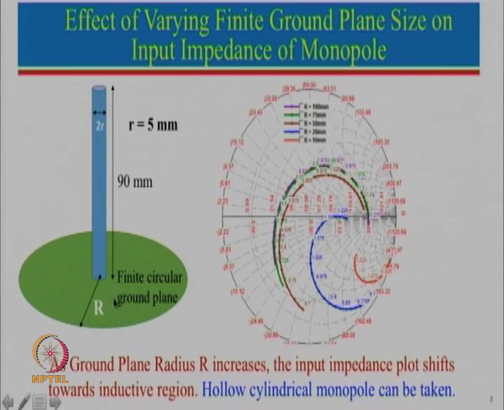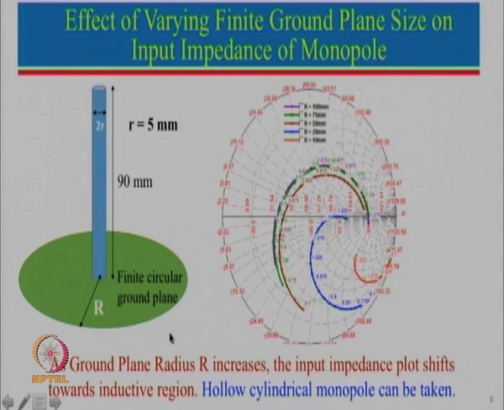First let us think about an infinite ground plane. This is lambda by 4, there will be a reflected image here, so that will be lambda by 4. But now, as we keep on reducing the ground plane size, this almost looks like a dipole antenna from here to here. This is a very approximate way to tell you: you can approximately think of this as a dipole length only for a finite ground plane, not for infinite.